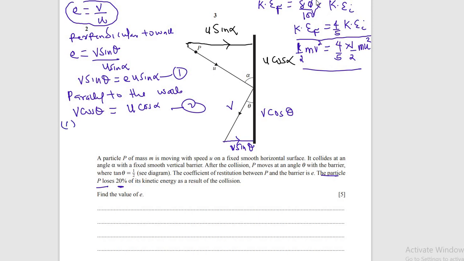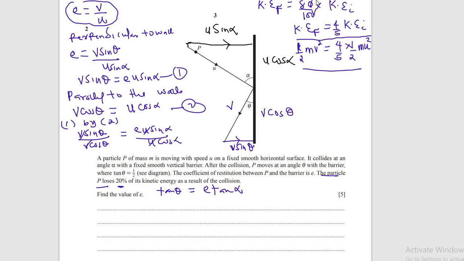Let's divide equation 1 by 2. I'm doing that because I want to get something of tan. So we have v sine theta over v cos theta equal to e u sine alpha over u cos alpha. So v cancels v, and u cancels u. At the end of the day, we have tan theta equal to e tan alpha.